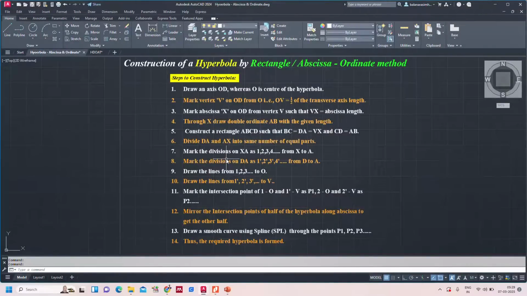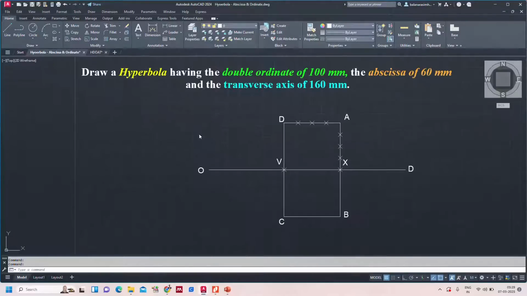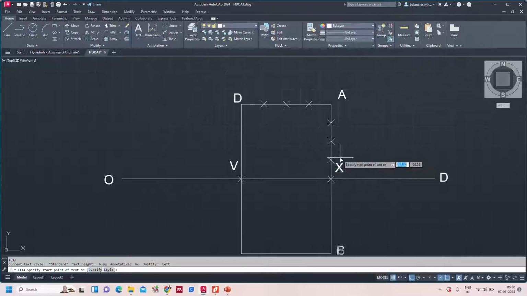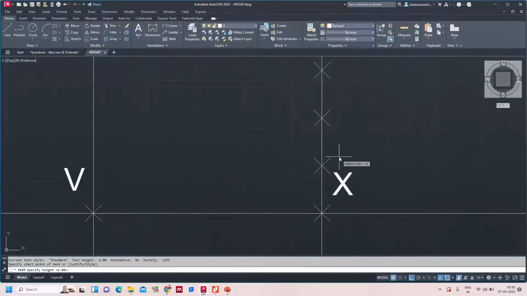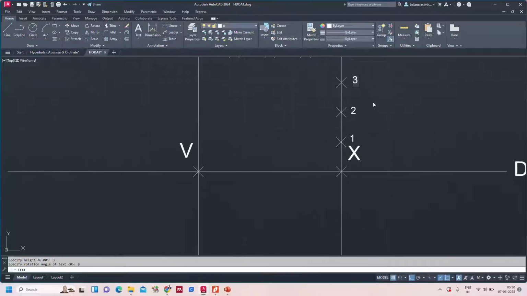Mark the divisions on XA as 1, 2, 3, 4 from X to A. Okay, dynamic text. I need to mark these points. 6 is there. Let me take 3, 0. 1, 2, 3.